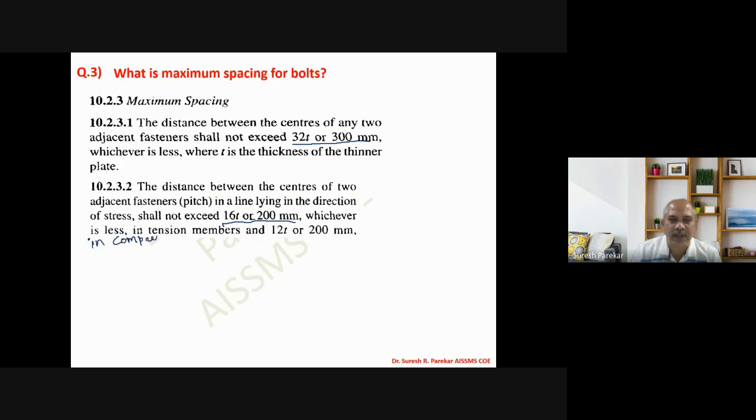So in compression member we have to see which value we have to consider, but that value should not be greater than 300 mm in any of the case.